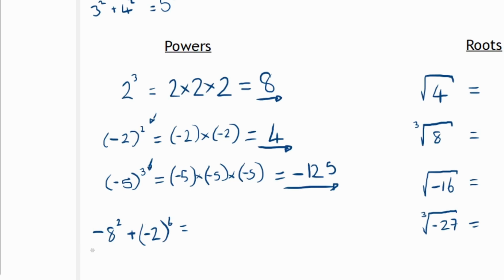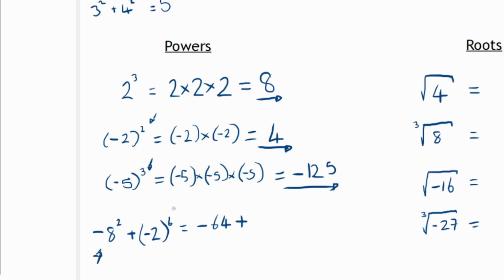So let us try this in this combined question. When we are looking at this first term of negative 8 squared, we must remind ourselves that the negative is not being squared, only the 8. So we're taking negative 8 squared, which is negative 64. And then we're adding to that negative 2 to the power of 6.